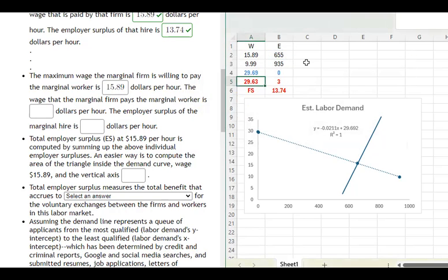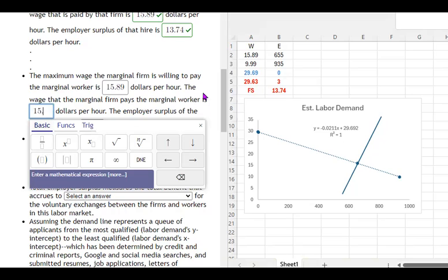Why is that worker the last worker hired? Because if you plug 655 into the labor demand equation, you get the maximum amount of money per hour that firms are willing to pay this last worker hired, and that is $15.89. The wage that this marginal firm pays the marginal worker is the market wage of $15.89.